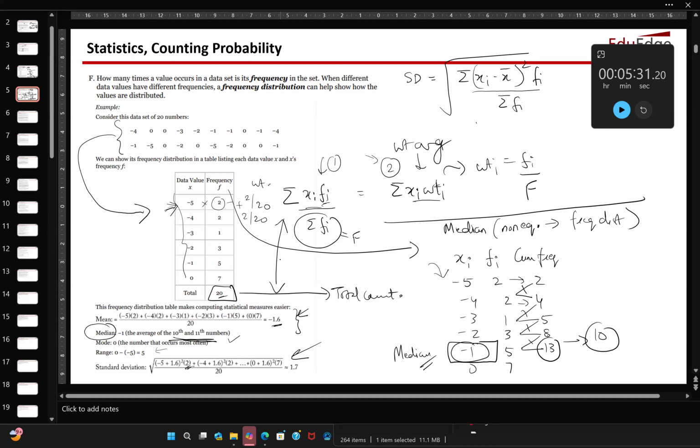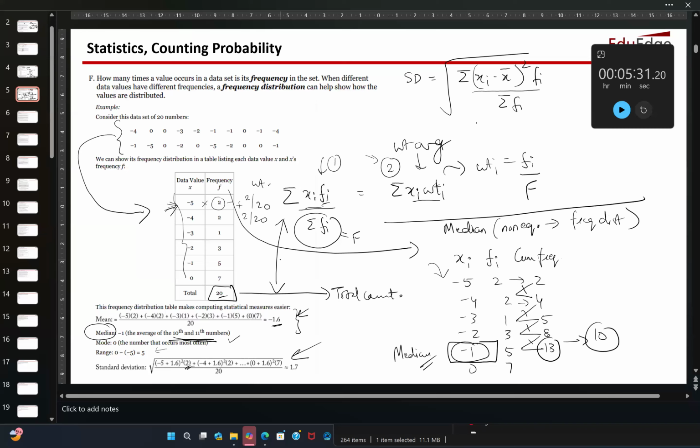So then, why have you written into frequency? I will take the total average that gives me 1.6, and then I'll take the difference of every term from 1.6, and multiply by frequency, because the weight is different. Of every deviation square, the weight is different, if it's a frequency distribution.